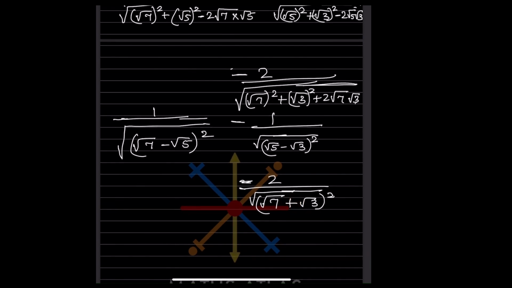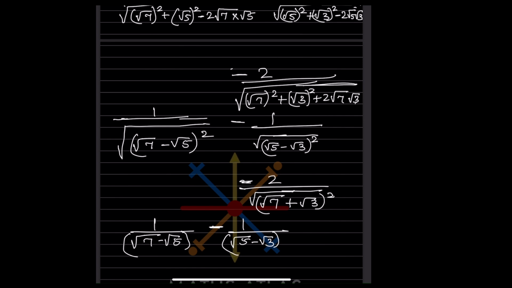So now further what are we going to do? We are going to write root of 7 minus root of 5 this way. Why? Because here it is root of, and then there is a square, so this root goes off. Okay, so now this part remains. In the second one also the same. So we are going to write here minus 1 by root 5 minus root 3 remains.